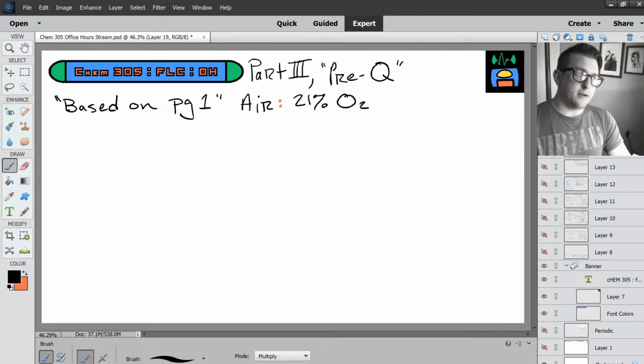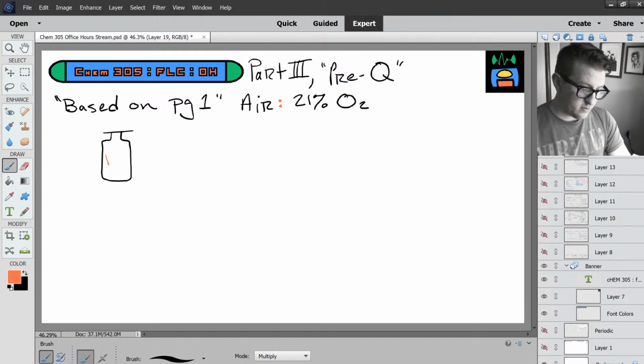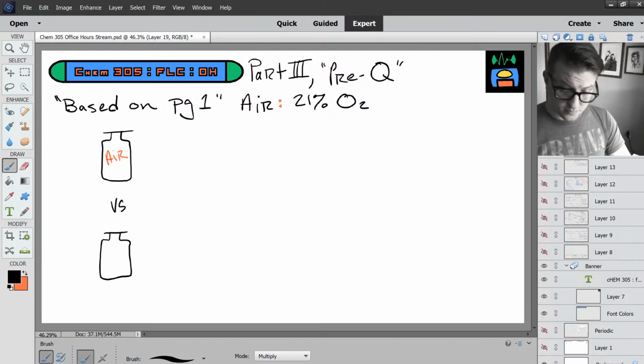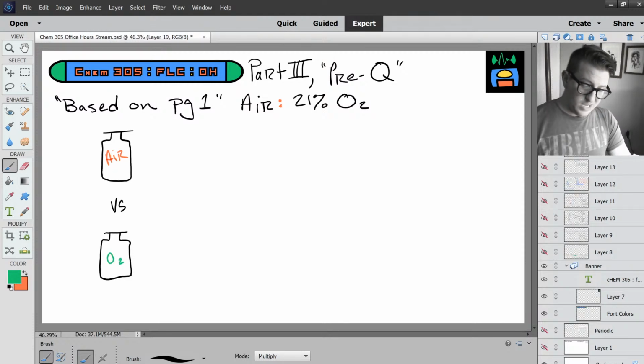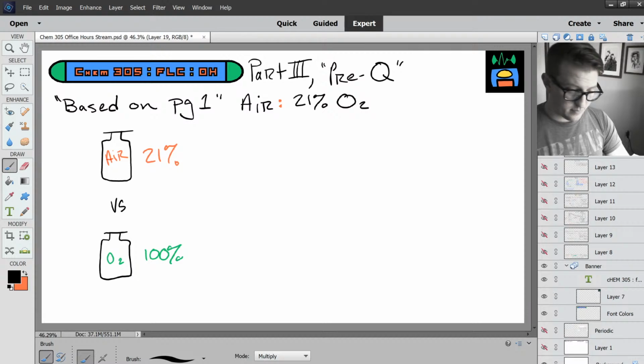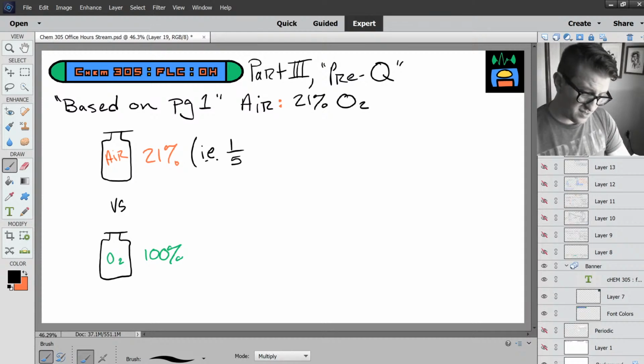So if we had a bottle filled with air versus a bottle filled with pure O2, so this would be 100%. This would be 21%, i.e. about 1/5 the amount.